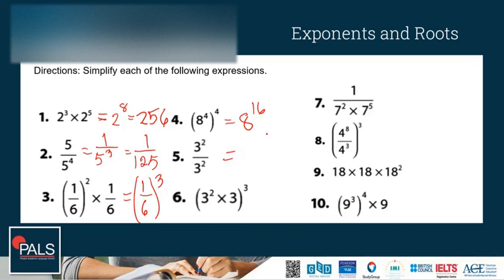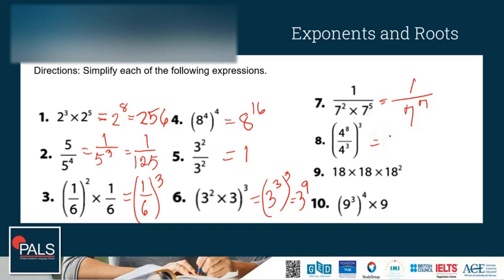Number 5, 1. Number 6, we have 3 to the power of 3, to the power of 3, is equal to 3 to the power of 9. Number 7, 1 over 7 to the power of 7.